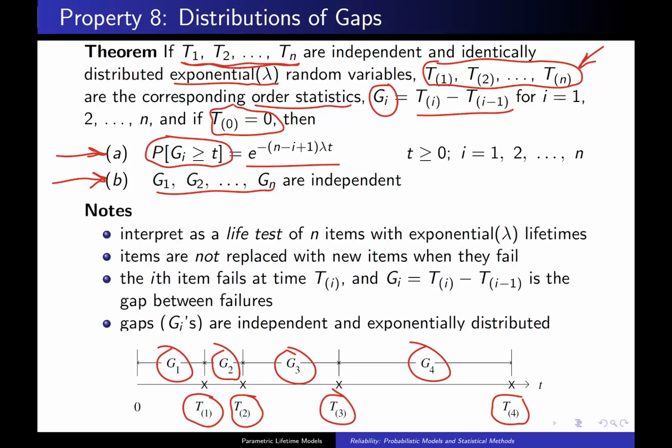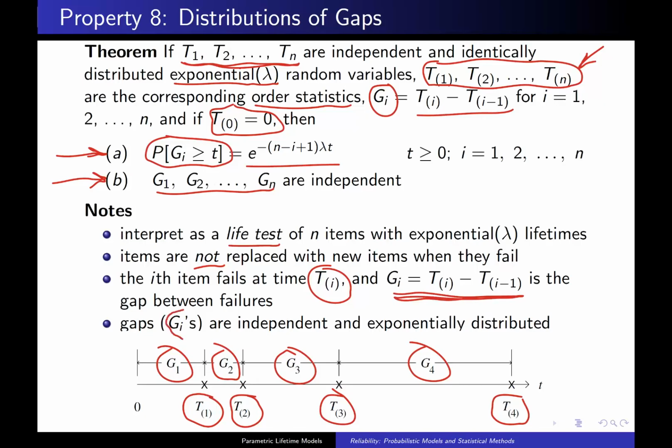This can be interpreted as a life test of n items having exponential lambda failure times. We don't replace the items when they fail, and the ith item fails at time t sub i. That's the ith failure, and the gap is the distance between the 2 failures.